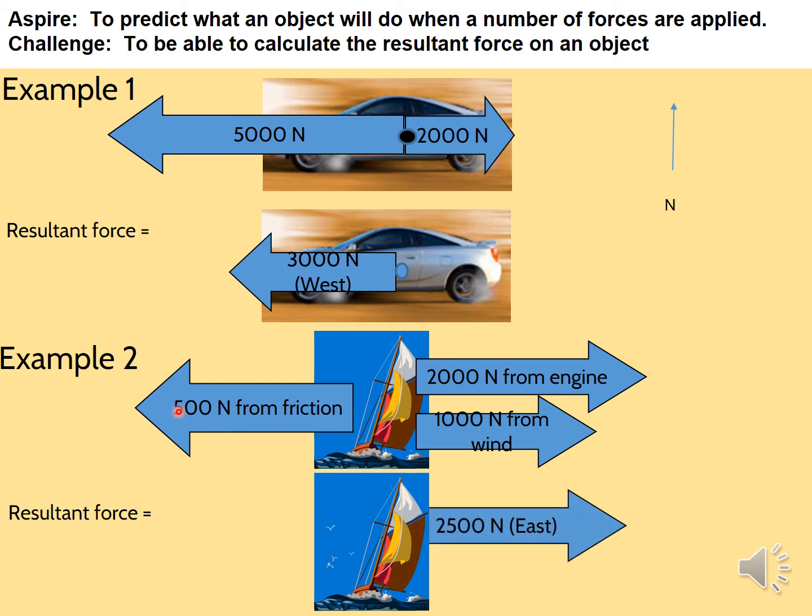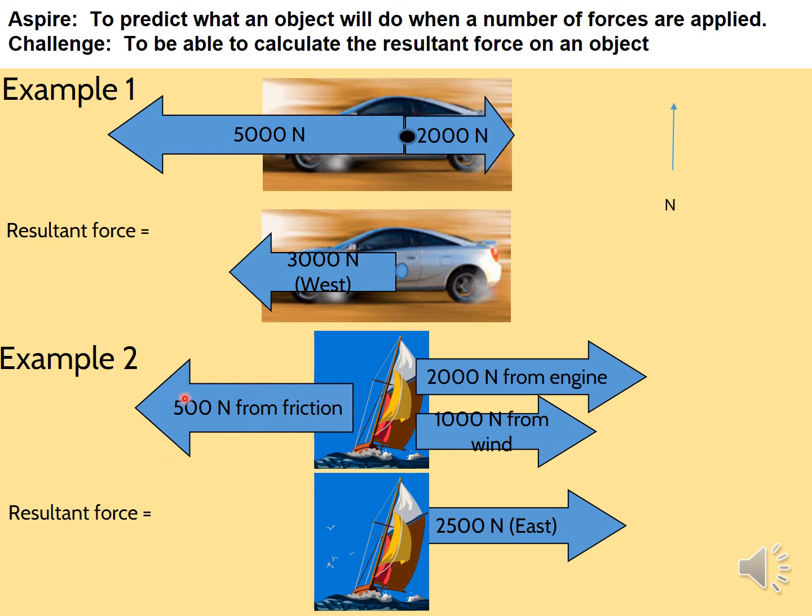So we have then a resultant force of 2,500 newtons in total acting east. Where did that answer come from? Well, if we add together the 2,000 and 1,000 newtons which are acting east, we end up with 3,000 newtons in one direction. Those are unbalanced forces.